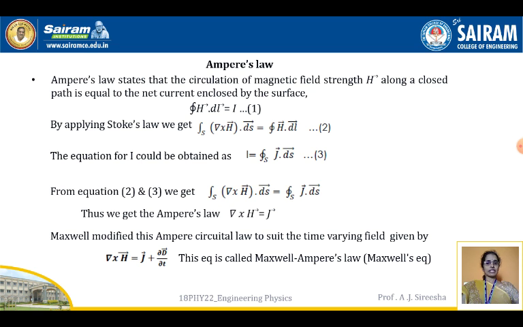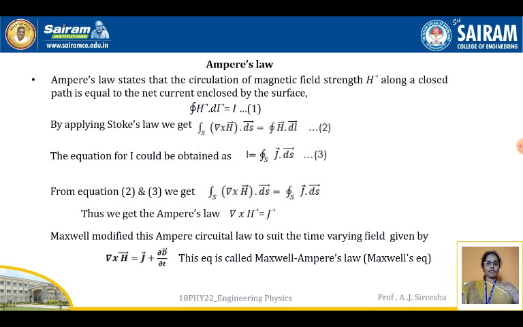So I is equal to the integral of J dot ds over a surface. From 1, 2 and 3 we can say that the surface integral of del cross H ds is equal to the surface integral of J dot ds. Thus we get Ampere's law as del cross H is equal to J, where J is the current density and H is the magnetic field strength.